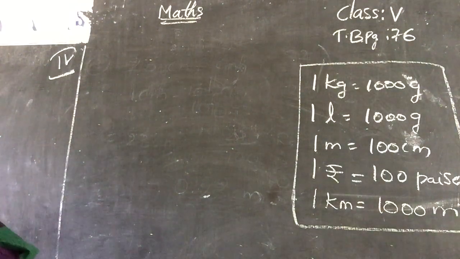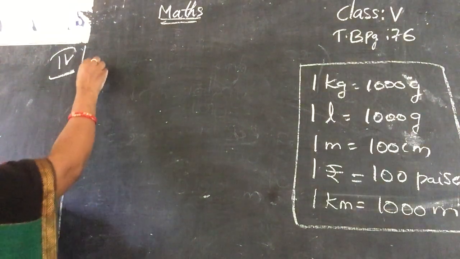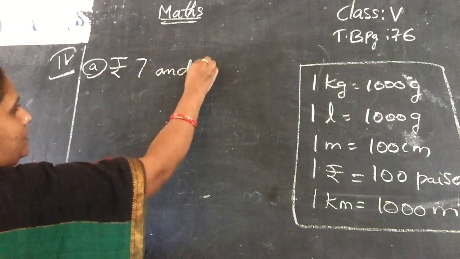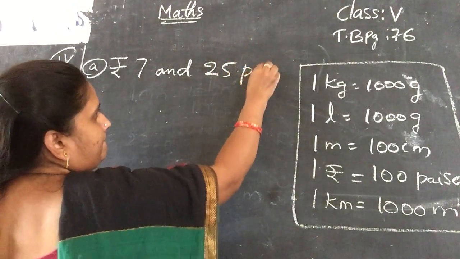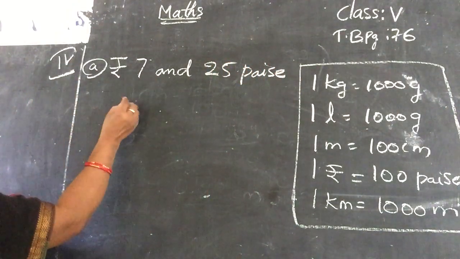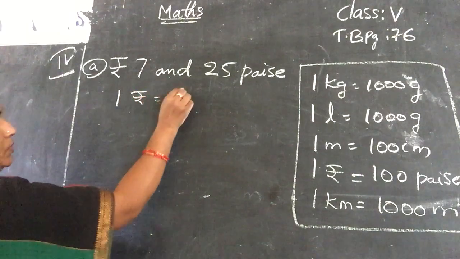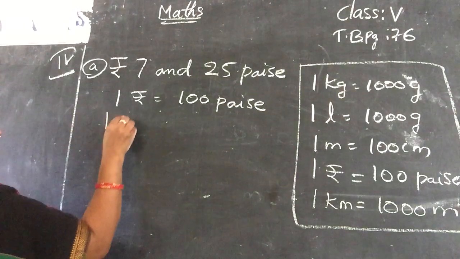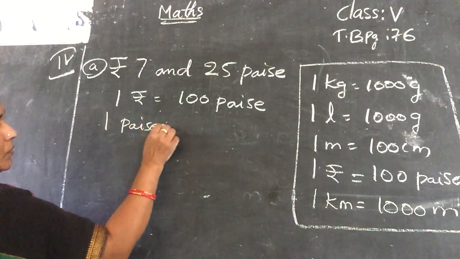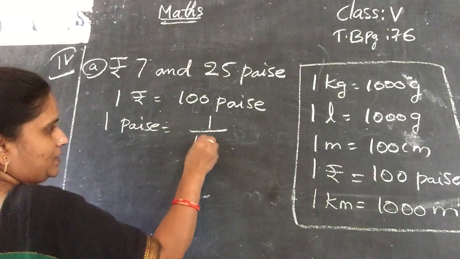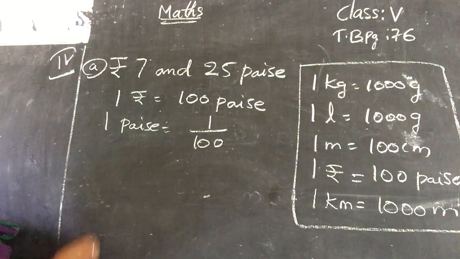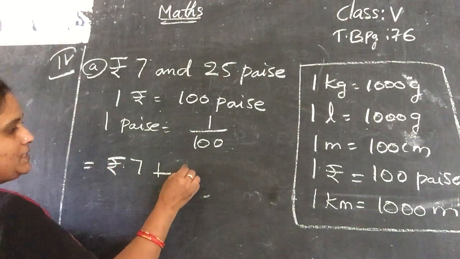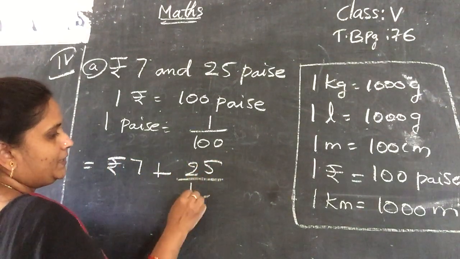First one, 7 rupees and 25 paise. Rupees 7 and 25 paise. 1 rupee is equal to 100 paise. 1 paisa is equal to, what have I taught, children? Yes, 1 by 100. Now rupees 7 plus 25 by 100.